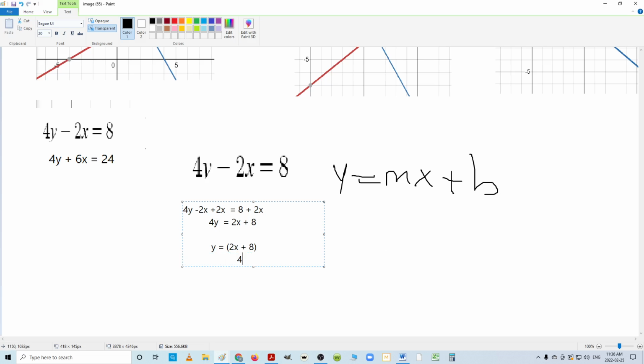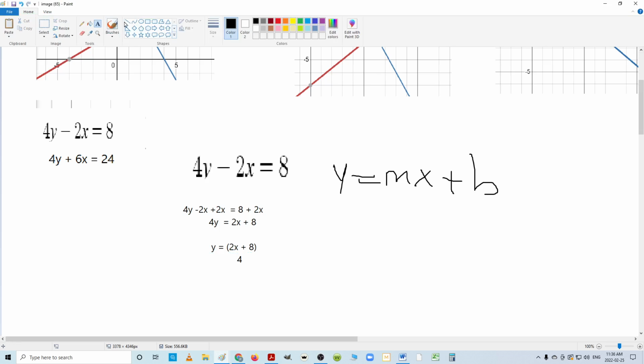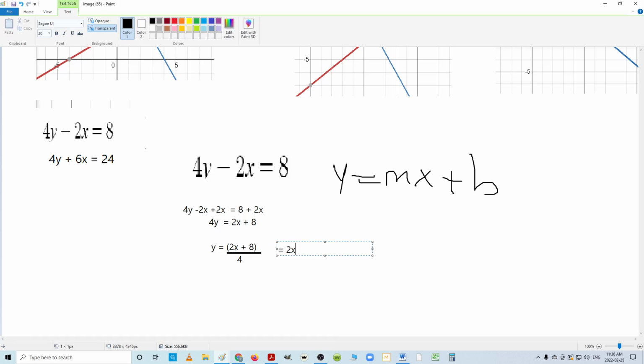But there's an interesting thing about fractions that says that when I have two terms added or subtracted up above, I can write it like that, or I can also write it like this. So they're both being divided by 4.